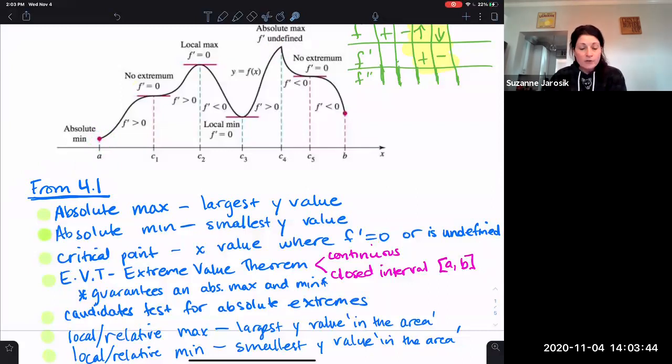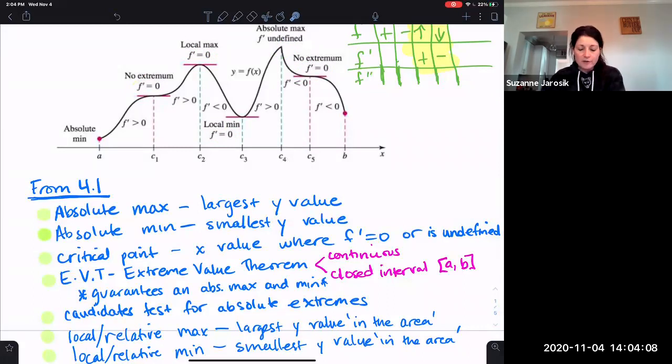It's the x value where the derivative is equal to either 0 or it is undefined. And we have all of those labeled here as well. f prime equal to 0, f prime equal to 0 for that, and f prime equal to 0. And then right here, where the absolute max was, that was actually where f prime is undefined.